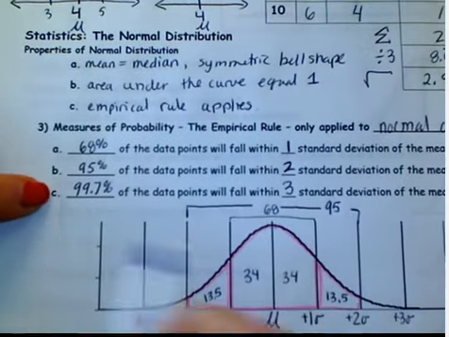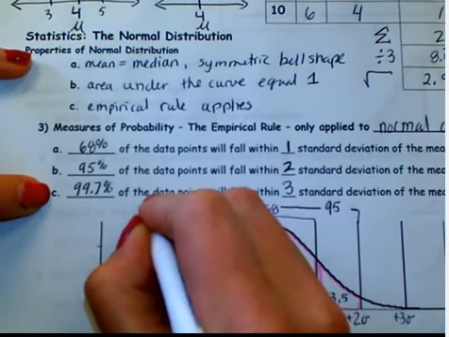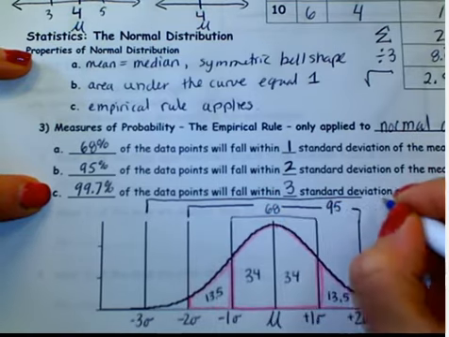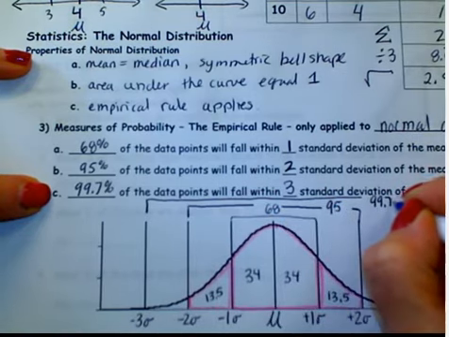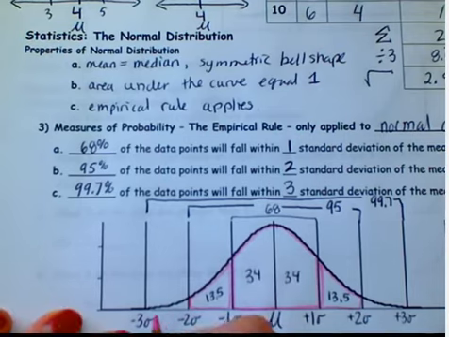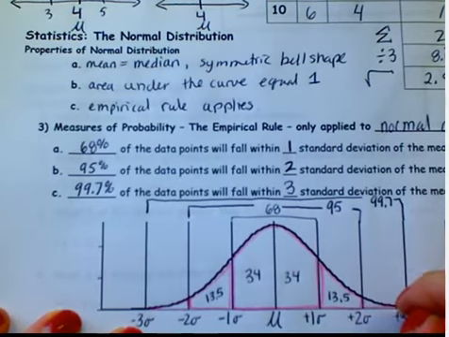Okay, the next one says 99.7. So between here, all the way over, 99.7% of the data will fall within these 6 sections. See if you can figure out what goes in this small section right here.